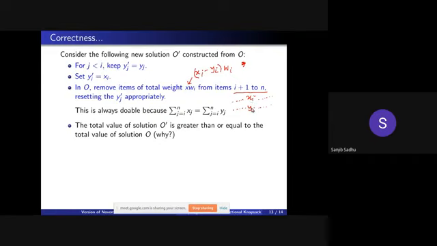Xi is larger than yi, so how can I make it equal? I will move some element from here to here. That is what I am saying: remove items of total weight xi minus yi times wi from items i plus 1 to n, resetting the yj prime appropriately. So this is always doable.